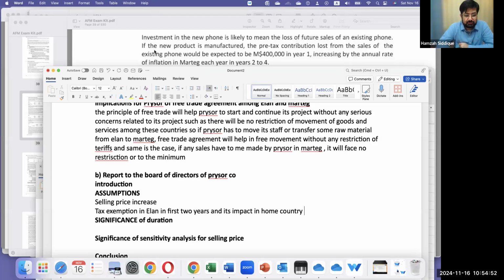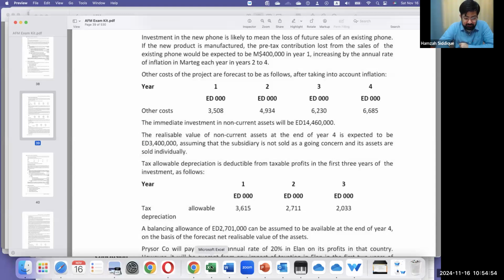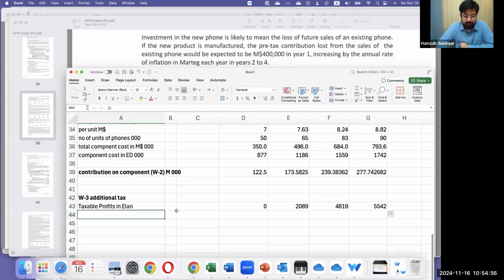Now, so come here. So taxable profit. So at these, yes, X in Elan, 000 ED. So taxable in Martech in M dollar.